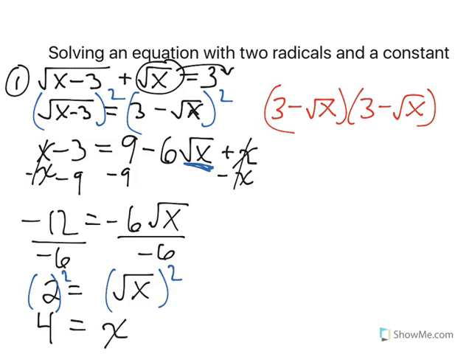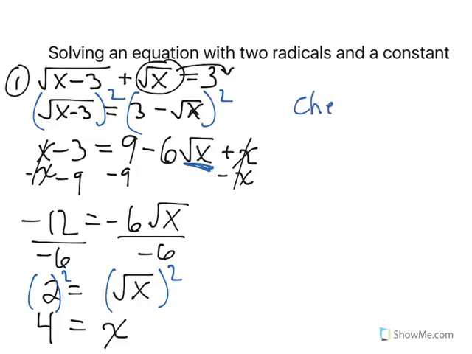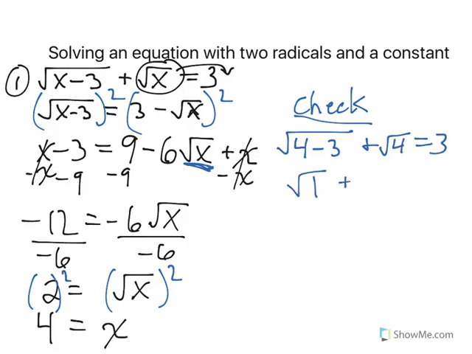So now if we go ahead and we check, let's make some room. Remember, you want to check in the original problem. So we have 4 minus 3 plus square root of 4 equals 3. So it's the square root of 1 plus 2 equals 3.